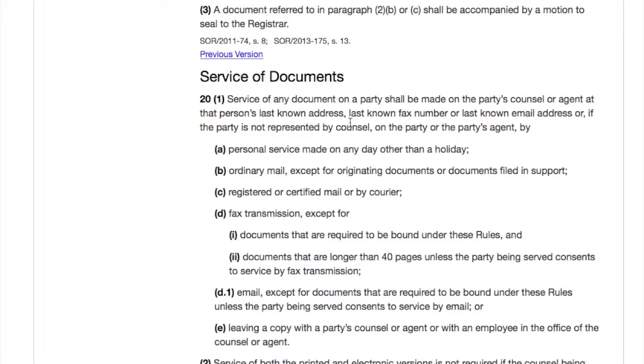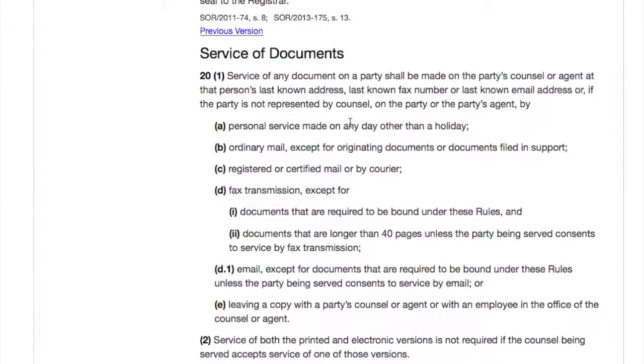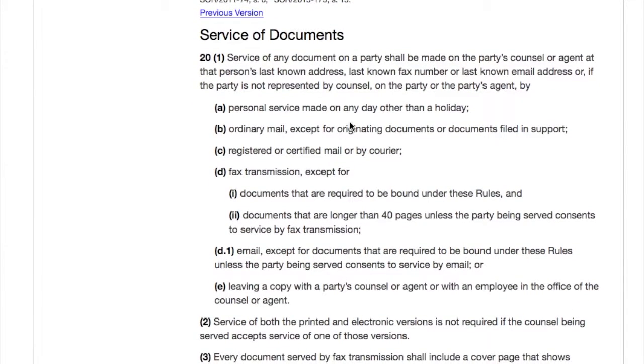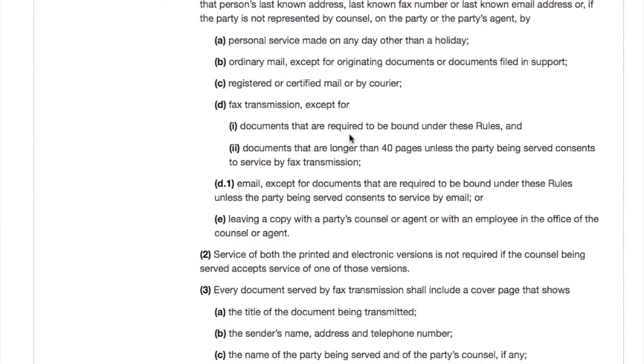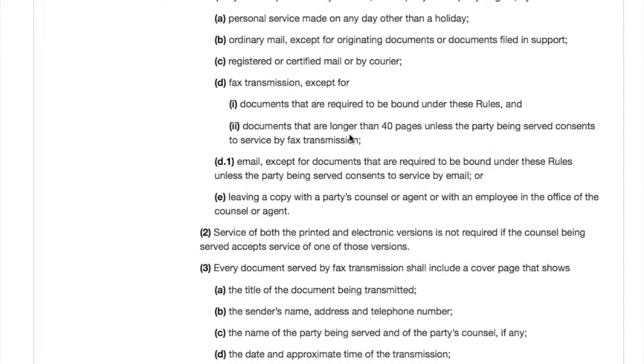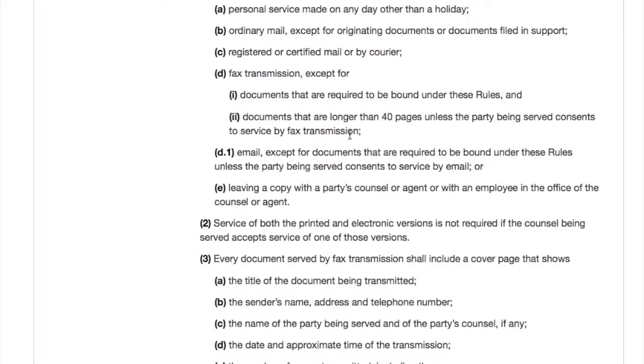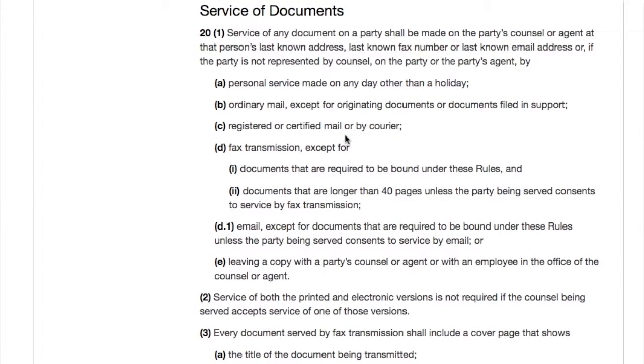That's something else good to note, because those are required to be bound, and documents that are required to be bound under the rules can't be faxed. And the notice of appeal, notice of application for leave to appeal, requires that the document be bound.